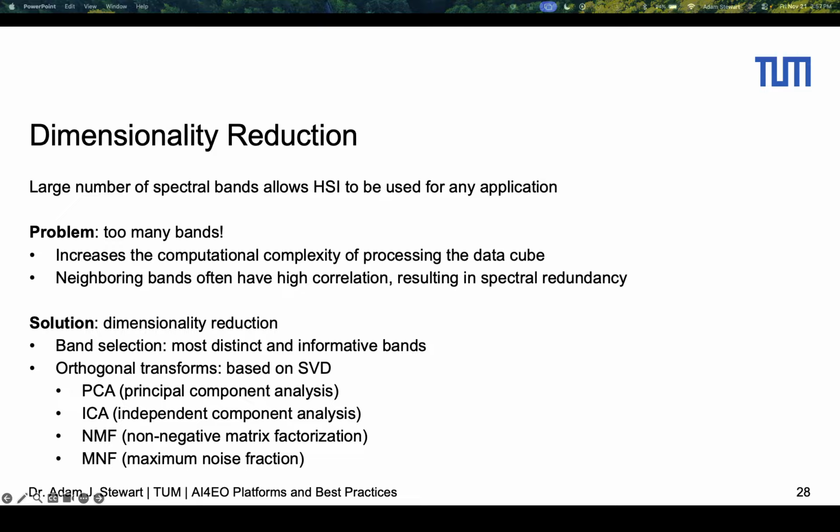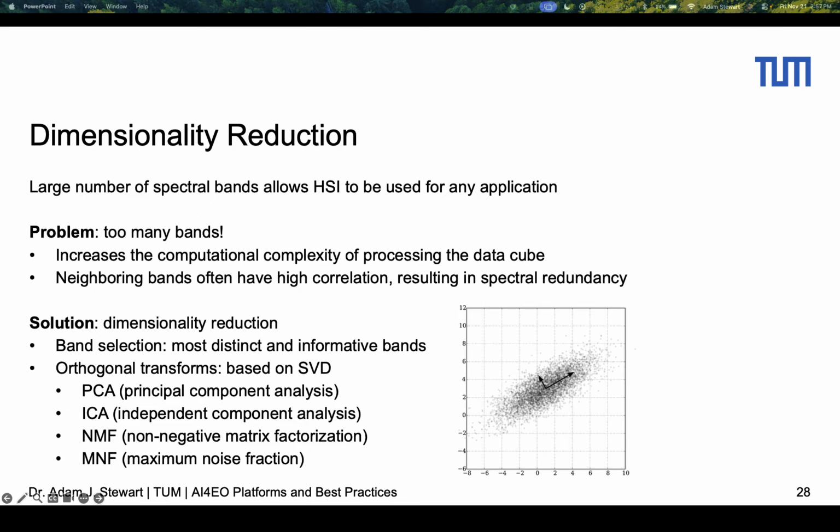If you don't know which bands you need, then what do you do? So there's a lot of different transforms based on singular value decomposition that you can use to essentially learn the most important or most unique parts of the electromagnetic spectrum. So for instance, let's say we have an image of a location and we have 250 different colors for that image.